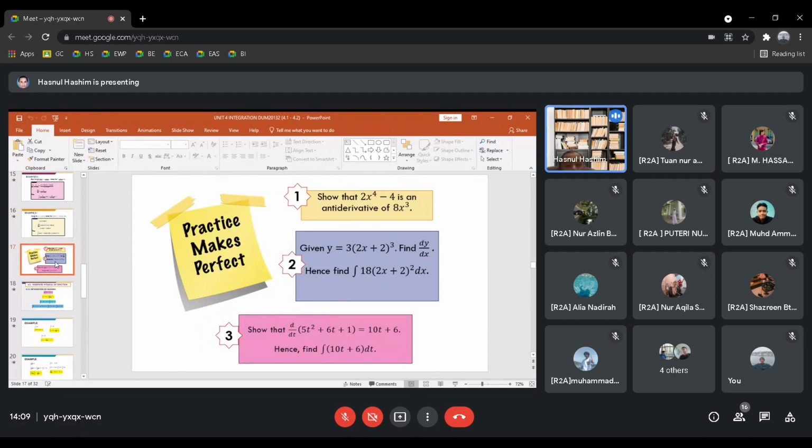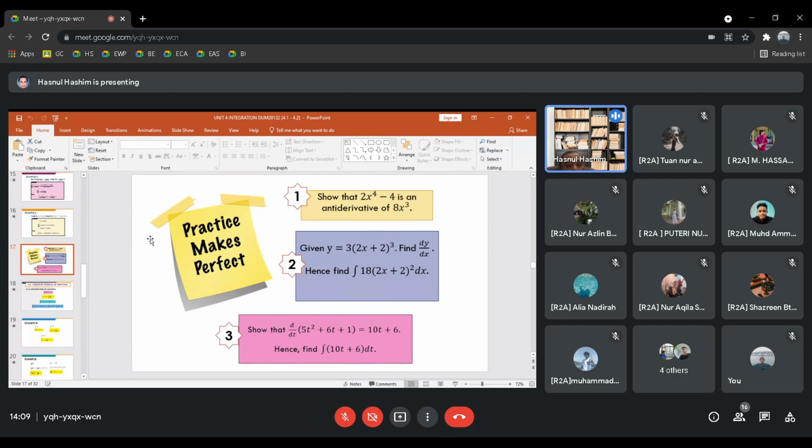Okay, so here practice makes perfect. Show that 2x to the power of minus 4 is an antiderivative of 8x cubed. So when we differentiate 2x to the power of minus 4, we have 8x cubed.